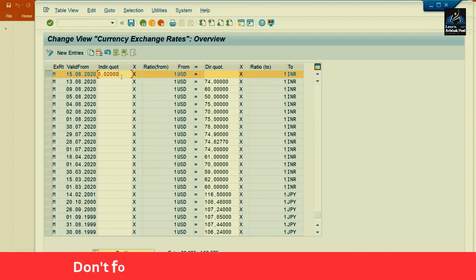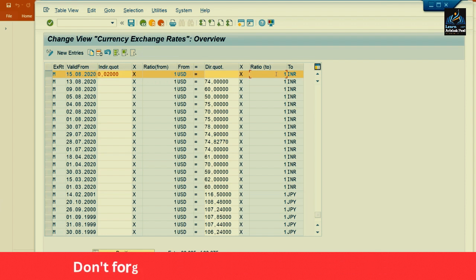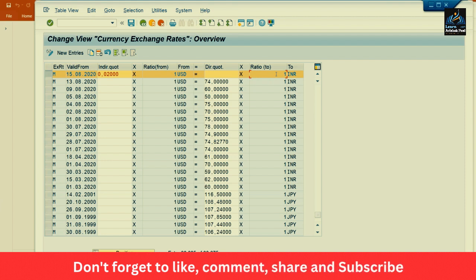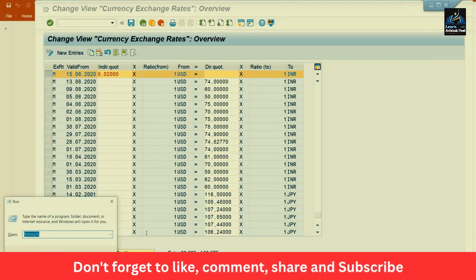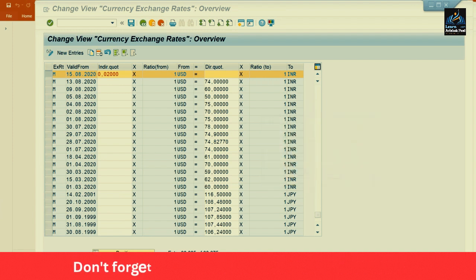Here in India, whatever the coins are, they are called paisa, like cents. So here 0.02 dollar equals 1 Indian currency. So what will 1 dollar equal, guys? With a simple calculator, if you multiply, see, calculator.